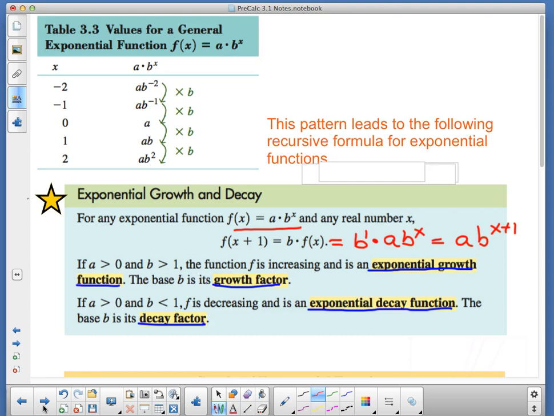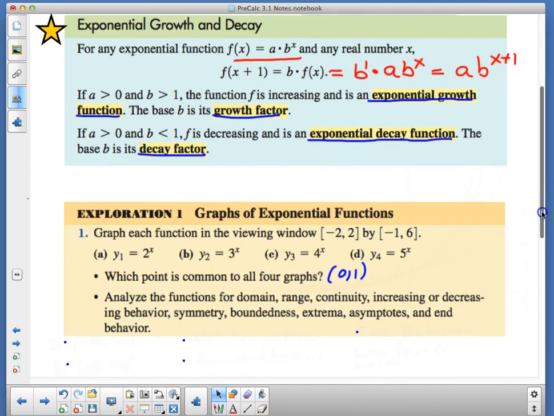Now, if a is greater than 0, but your b value is less than 1, and really between 0 and 1, it's not negative at this time, we're talking about between 0 and 1, it is decreasing, an exponential decay function, okay? The base b is its decay factor. Are there questions about it? You've seen exponential growth, you've seen exponential decay. We're defining it again, and we're looking at this.